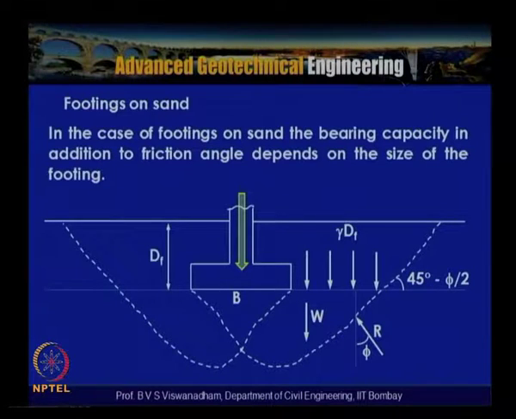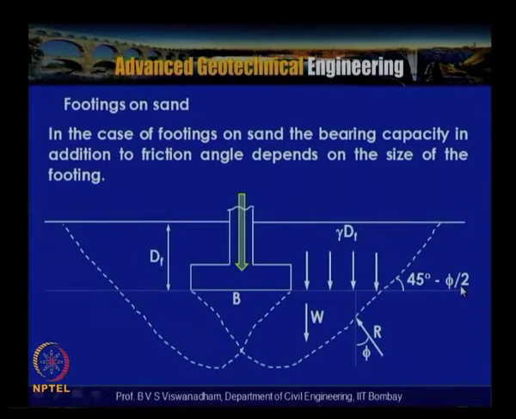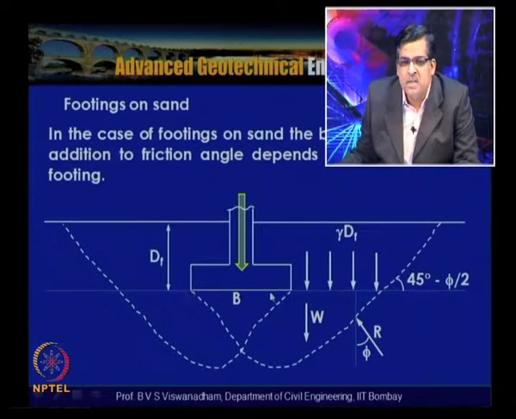These are the typical failure planes. You can see that this is the elastic wedge which is actually formed, and then these are the radial shear zones, and this is the resistance generated in the embedded depth zone above the base of the footing. So this inclination is about 45 minus phi by 2, and this size is the breadth of the footing, and this is the resistance which is derived to counter this movement.